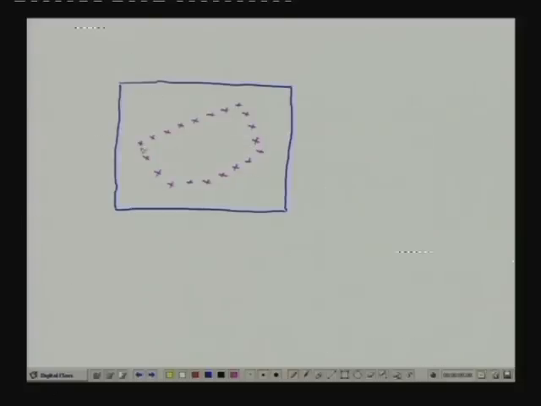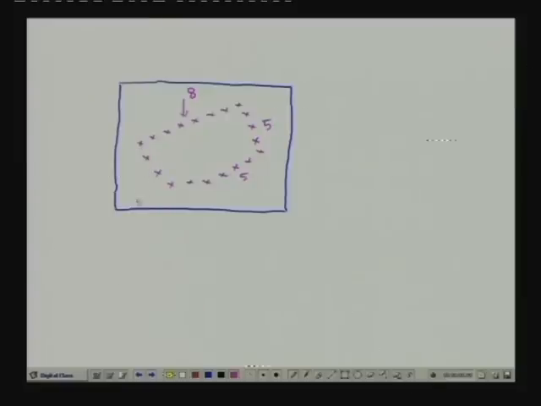So, you find that in this particular straight line there are 1, 2, 3, 4, 5, 6, 7, 8 points on this side. On this straight line there are 1, 2, 3, 4, 5 points. On this part of the line there are again 5 points.